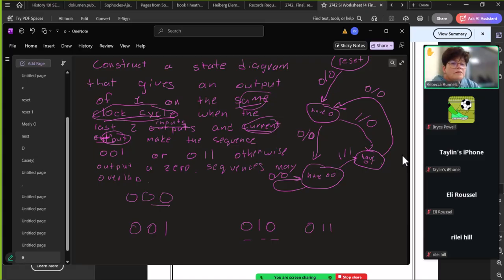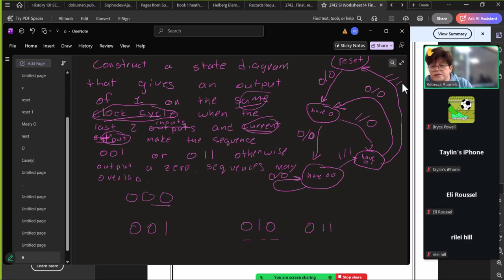I see now. So I get 1/1. That worked out perfectly for being one that I just made up right then. All right, so there's a sequence detector.